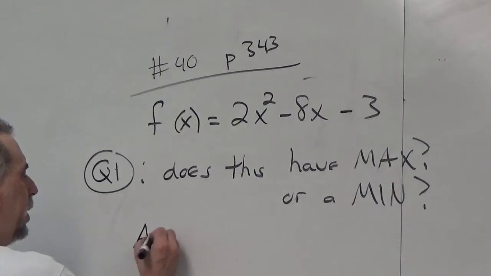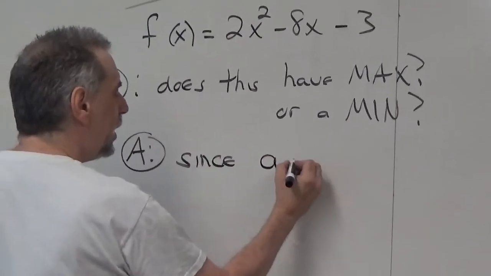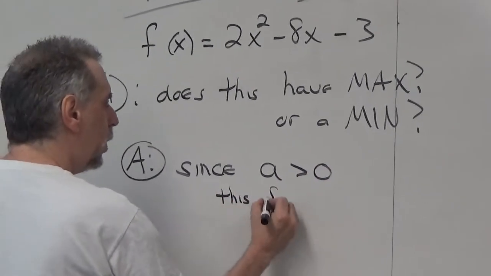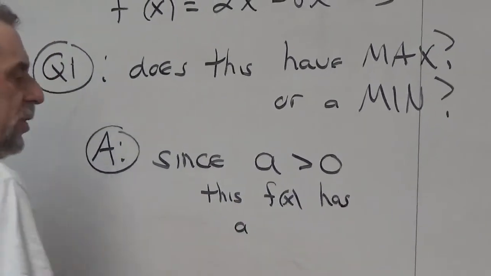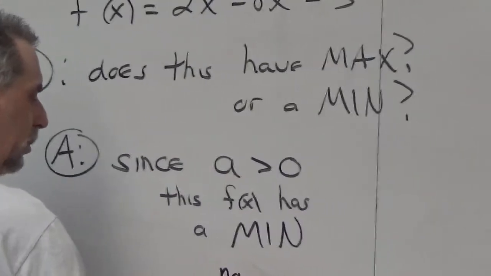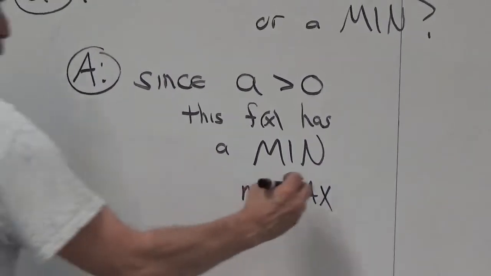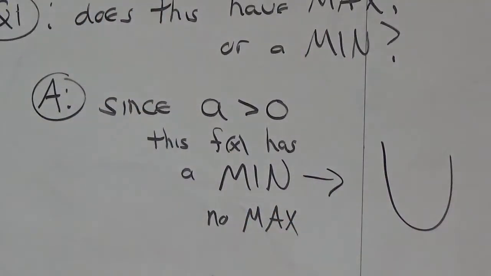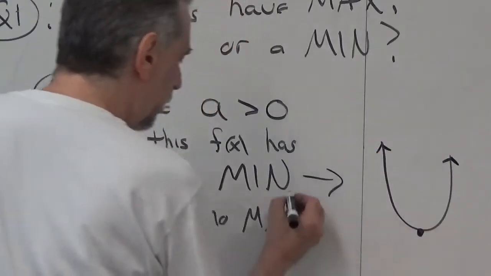So the answer to this, you don't have to exactly write all this out, but this is why. Since a is greater than 0, this function opens upward, so it has a minimum and no maximum. Right? Because we know it opens this way. Goes up forever, and this is going to be the minimum value.